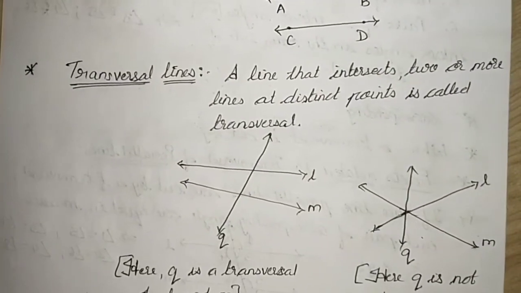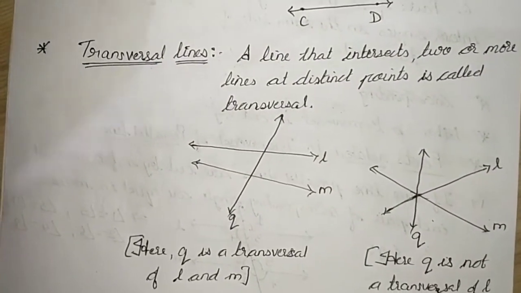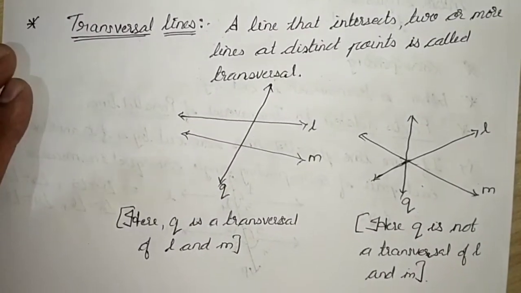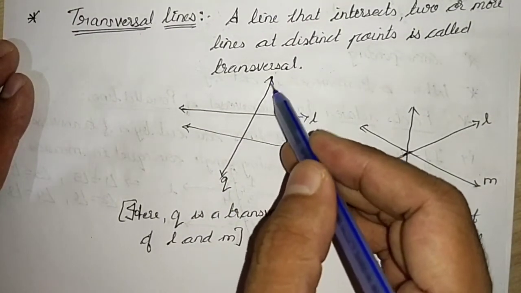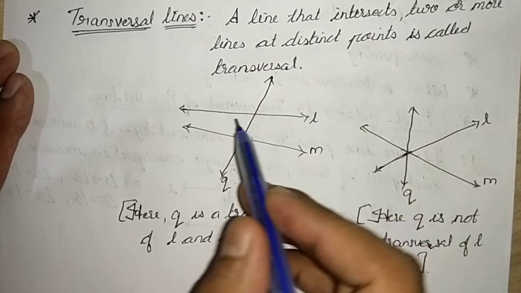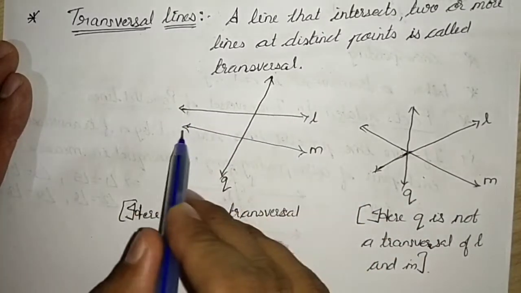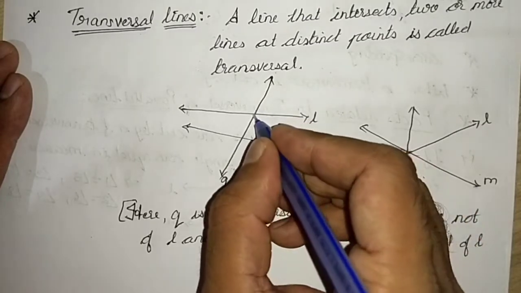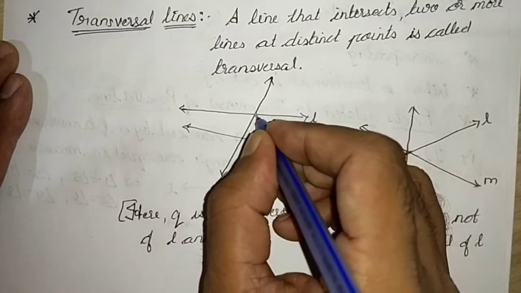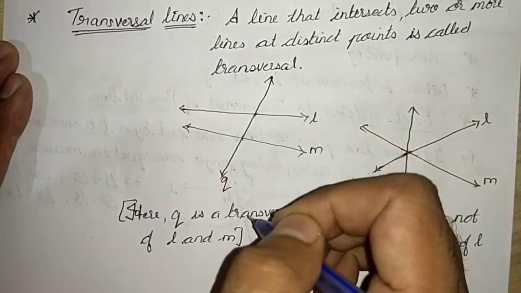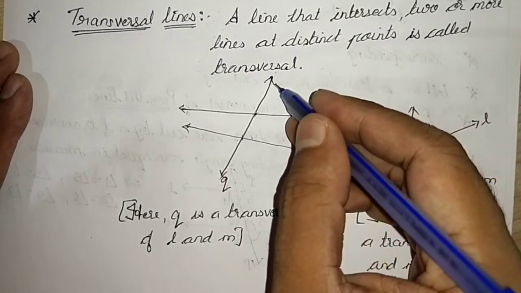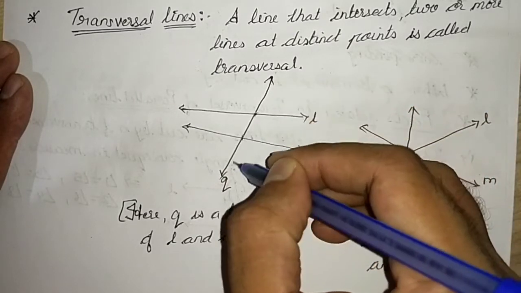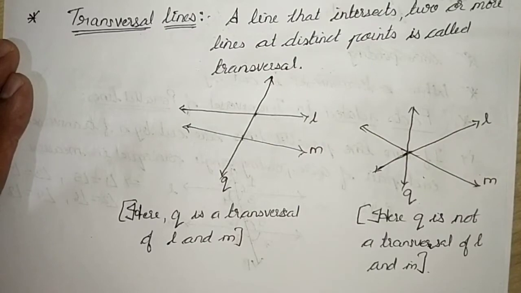Next is transversal lines. Students, this line intersects two different lines at distinct points. Distinct means at two different points. At two different points, that line is called a transversal line.